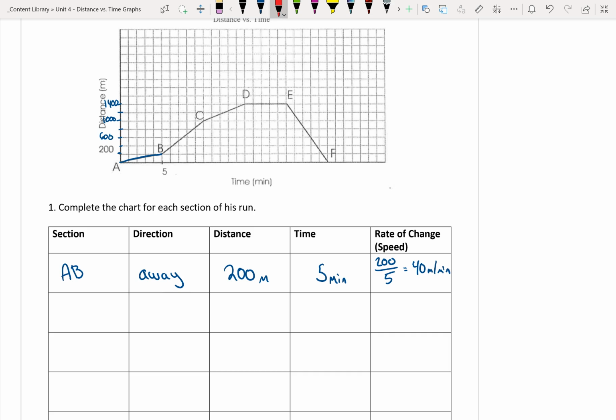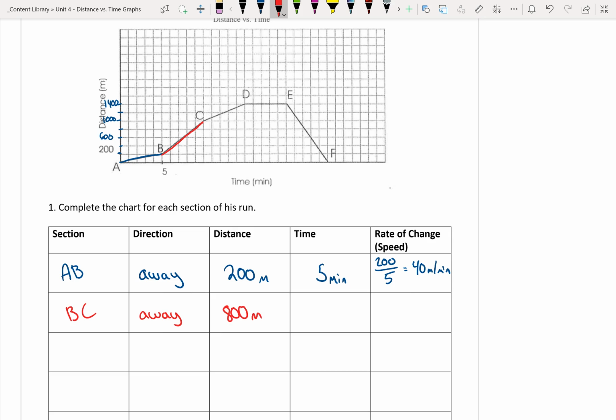For my next section, B to C, again the direction is away because the line is going up. The distance traveled: I start at 200 and I end at 1,000, so the distance traveled is 800 meters.